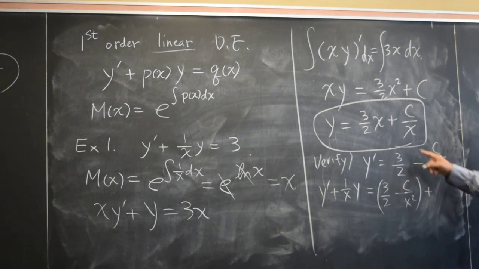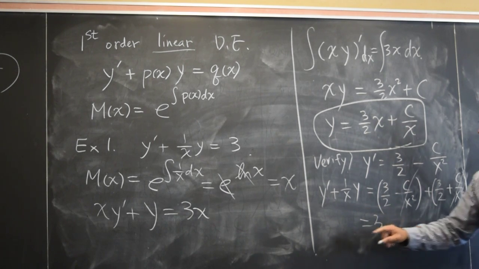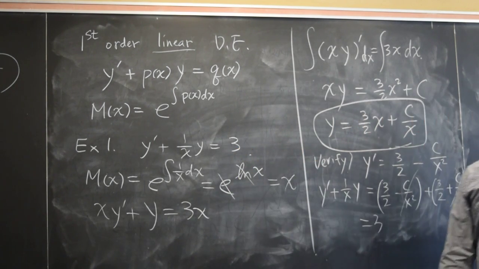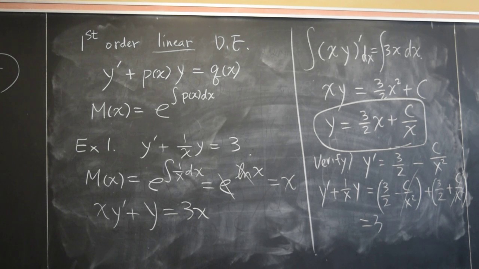And plus, if I took y and divided by x, I get 3 over 2 plus c over x squared, right? So these two cancel each other. And 3 over 2 plus 3 over 2 gives you 3, which is indeed the same as the right side. Therefore, we see that this solution we found does satisfy our differential equation.